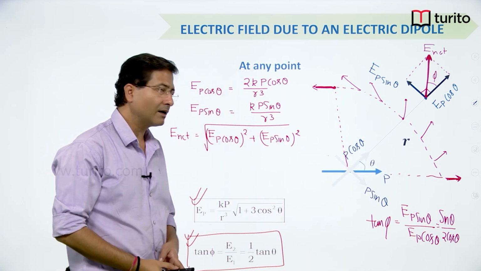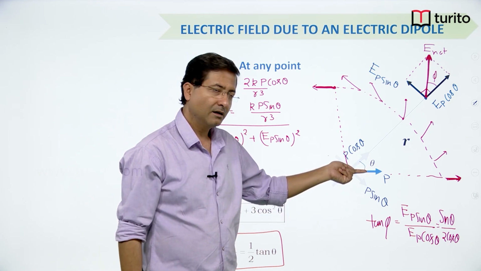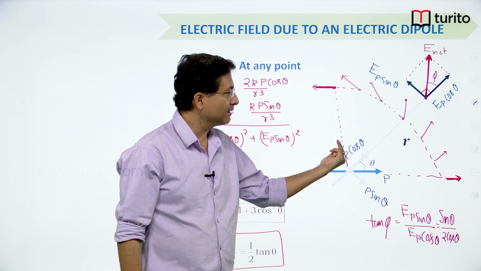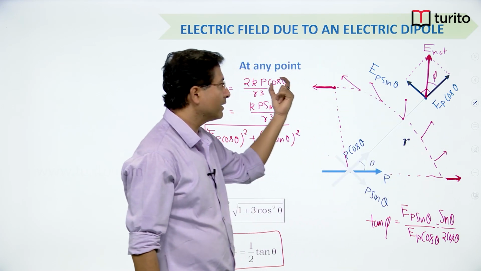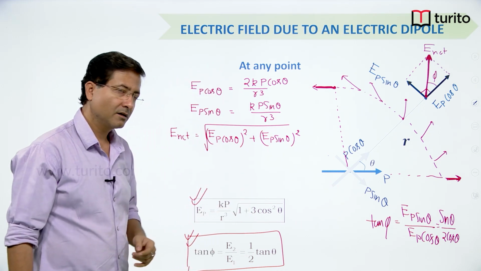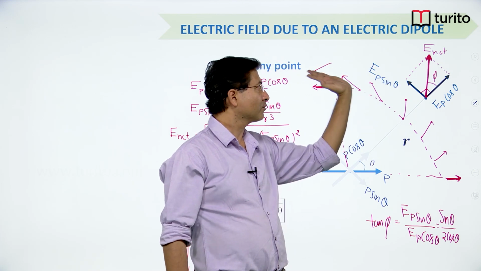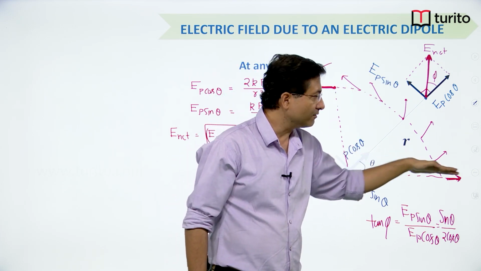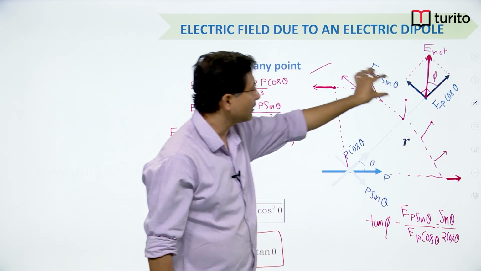So when you are rotating this r vector by 90 degrees, you can see that the field gets rotated by 180 degrees. The field is getting rotated by 180 degrees from being along positive x direction to negative x direction. This vector got rotated by 180 degrees.